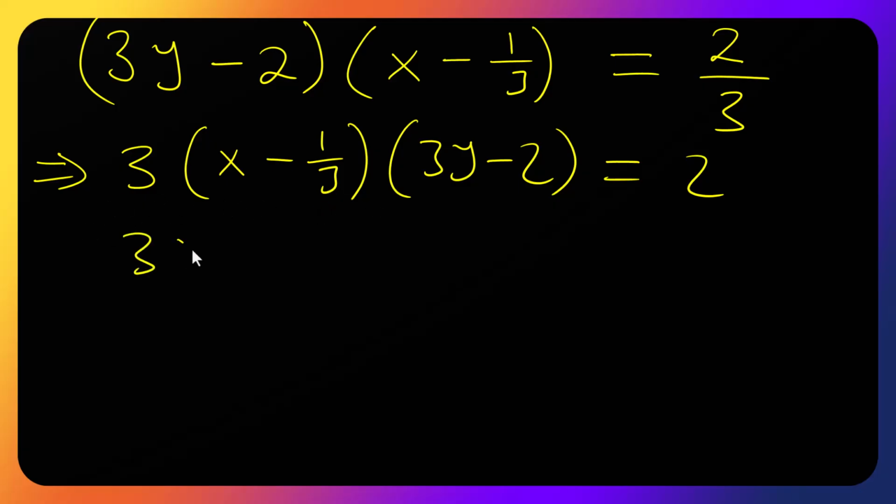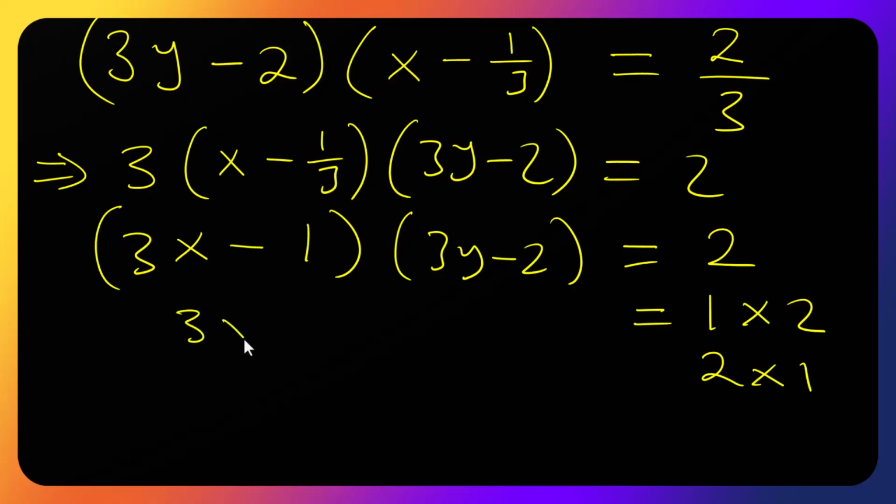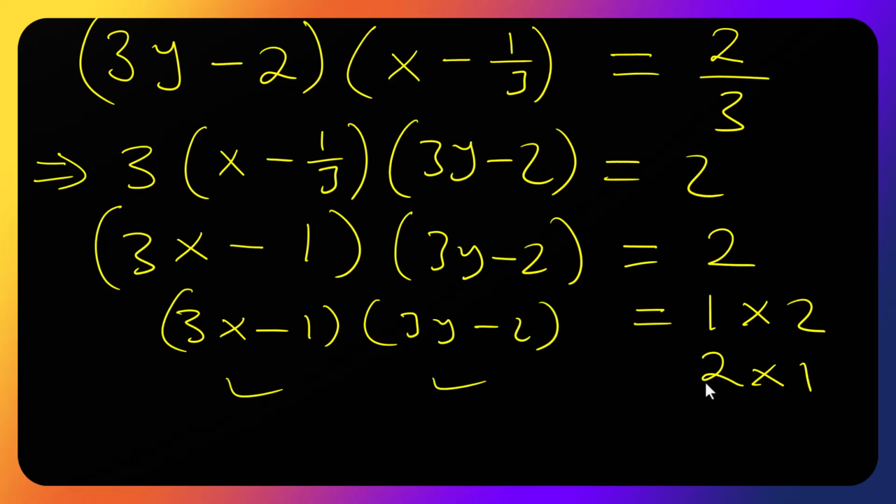So we have 3x minus 1, this one will cancel, 3y minus 2 equals to 2. Now, we can say that 2 is the same as 1 times 2 or 2 times 1. So we have two conditions here, 3x minus 1 and 3y minus 2 equals that, and we have another condition.